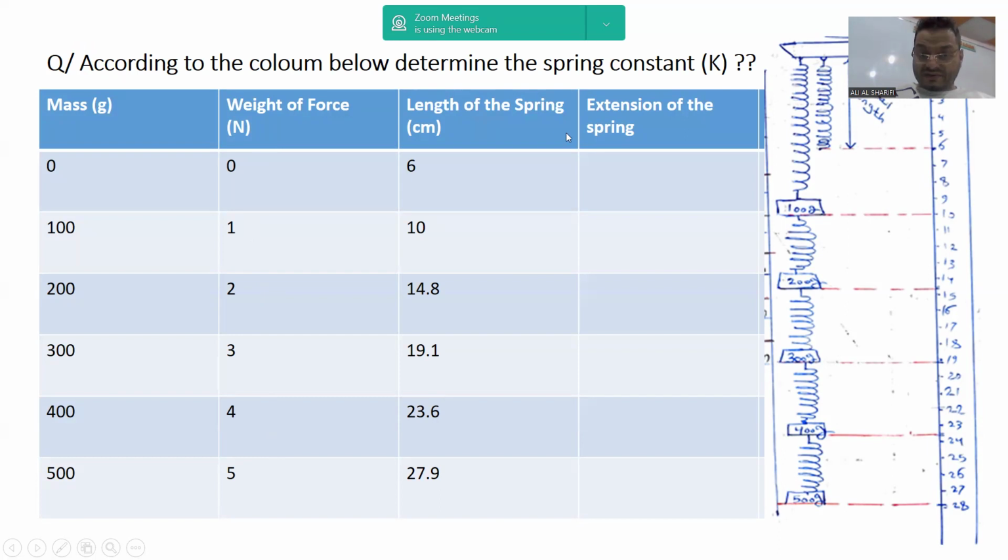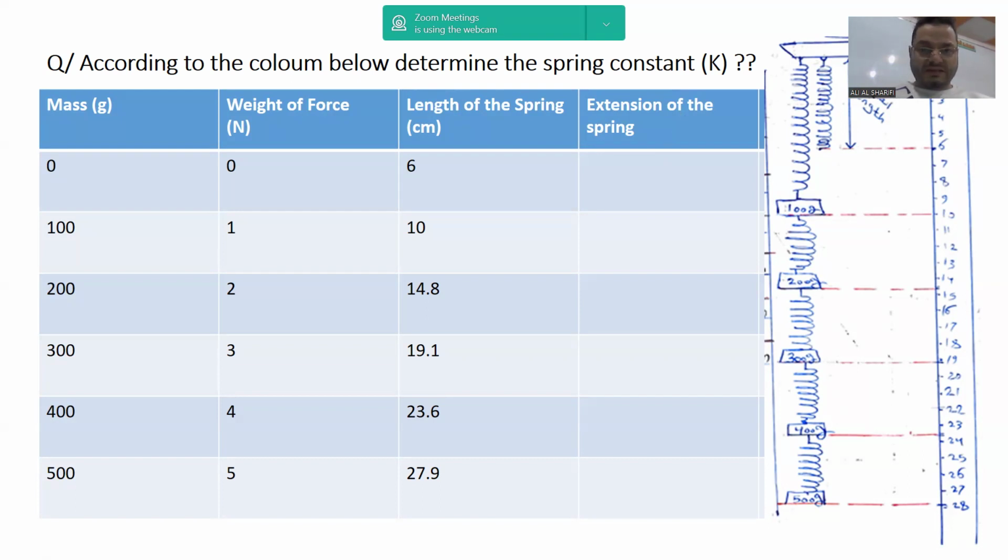By that, the length of the spring was 6 centimeters, the original length without any external force, without any attached mass. Here, you must determine the extension of the spring.